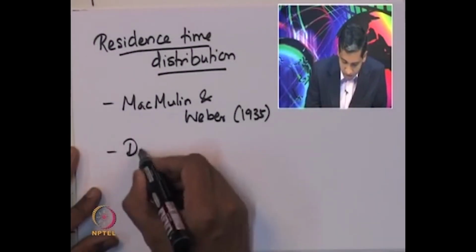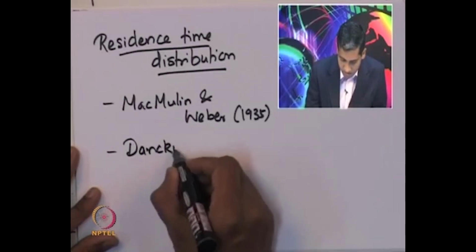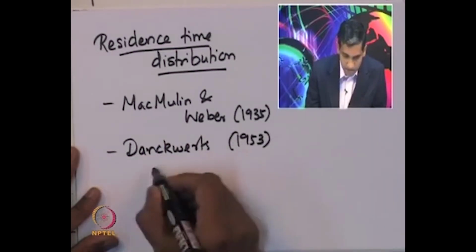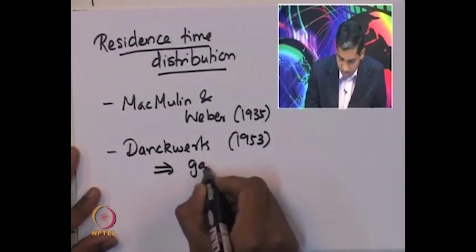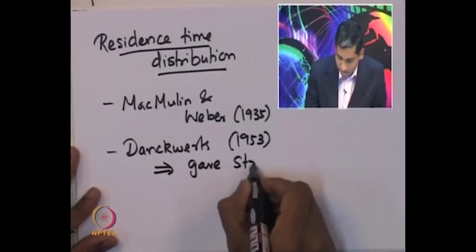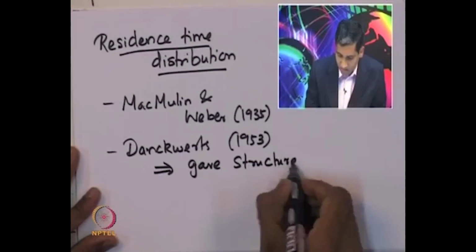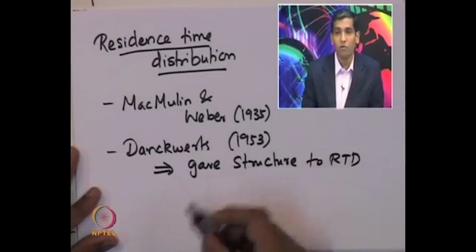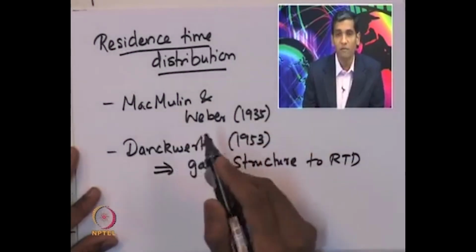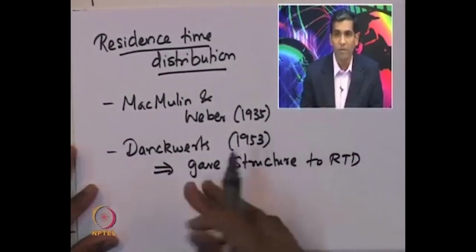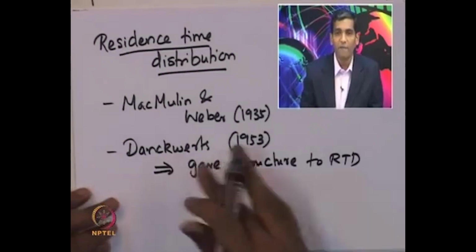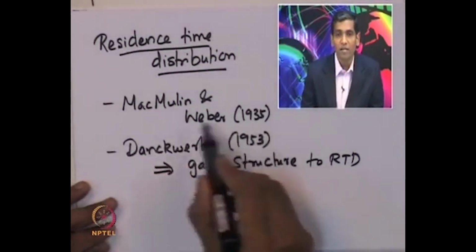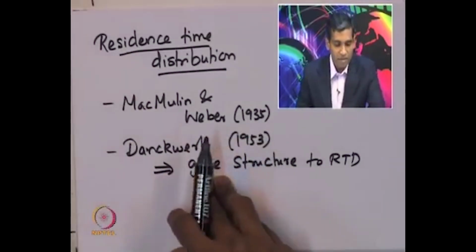So, it was Danckwerts in 1953 who gave structure to RTD. In fact, he took the idea of McMullen and Weber and developed it further and gave some special structure to RTD. Therefore, most of the RTD work is actually attributed to the seminal work done by Danckwerts in 1953.